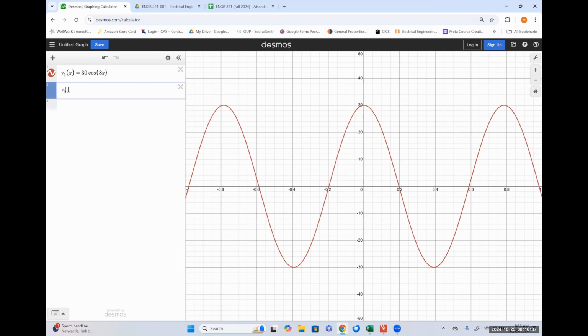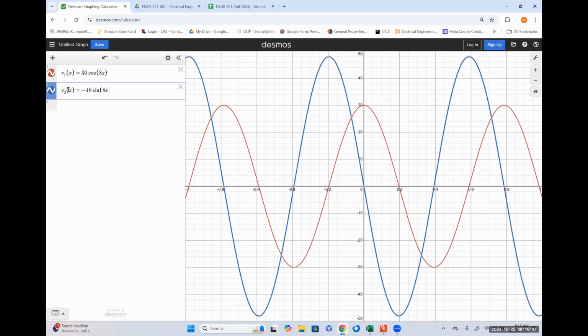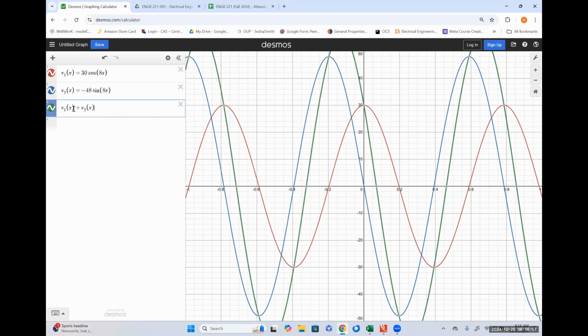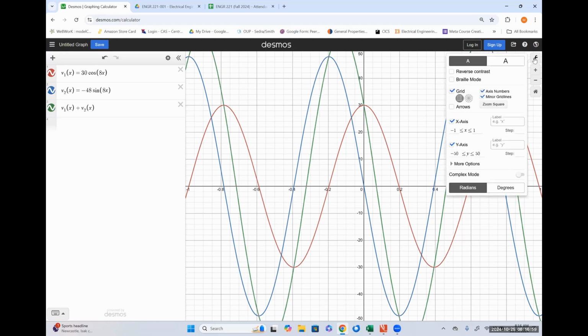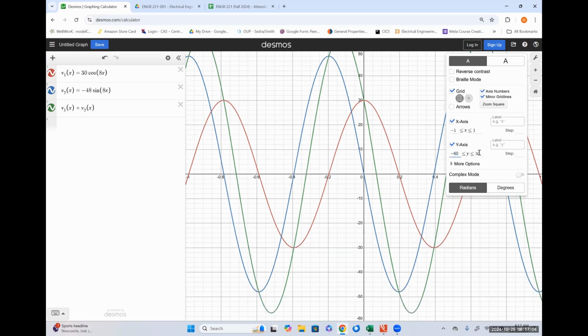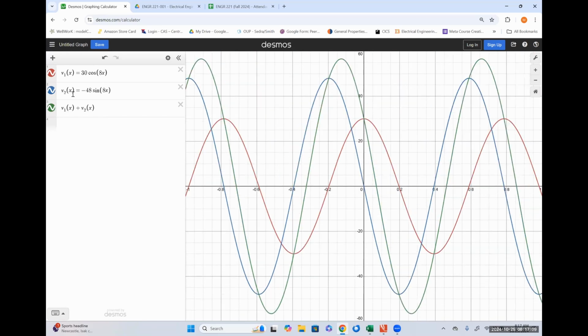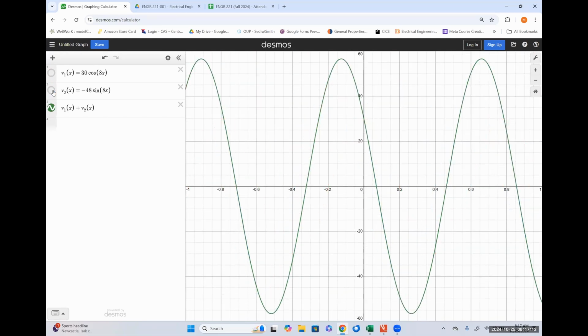The voltage drop across my inductor was negative 48 sine 8x, right? And if I add V1 and V2 together, let me expand this out just a smidge so that we can see it. And let me just turn these off.